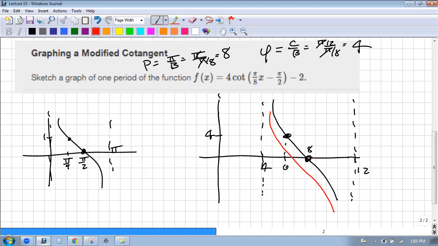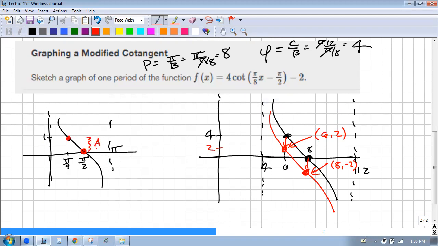So this point got moved down there. That key point is now 8, 2 minus 2, instead of 8, 4, so 8, 0. And this point, since it got shifted down 2, is going to be at 6, 2 instead of 6, 4. So we just followed where those two key points go. We want to know where this one goes and where this one goes.